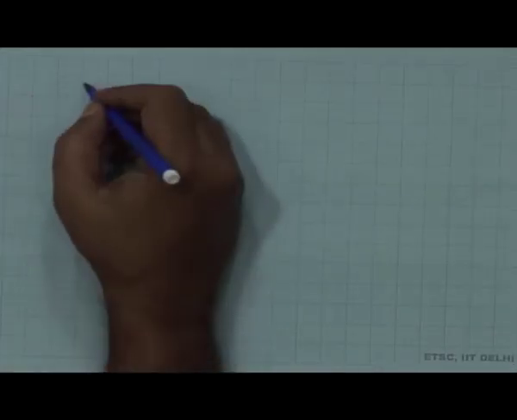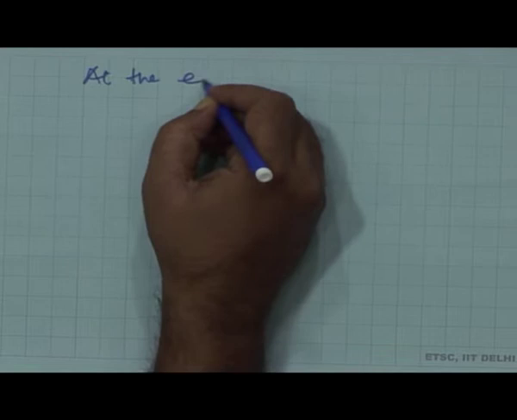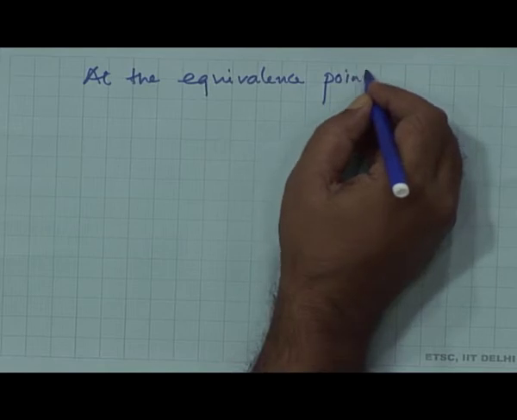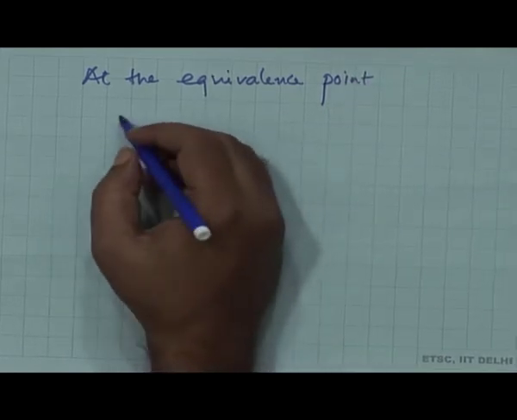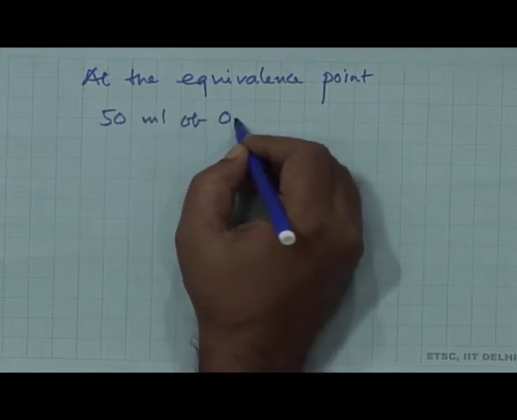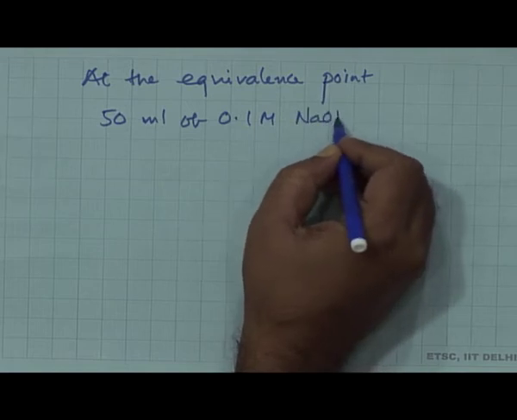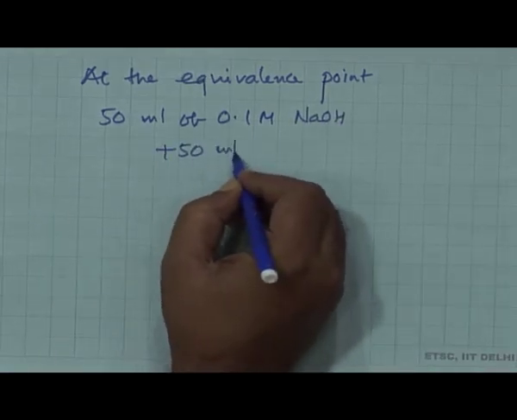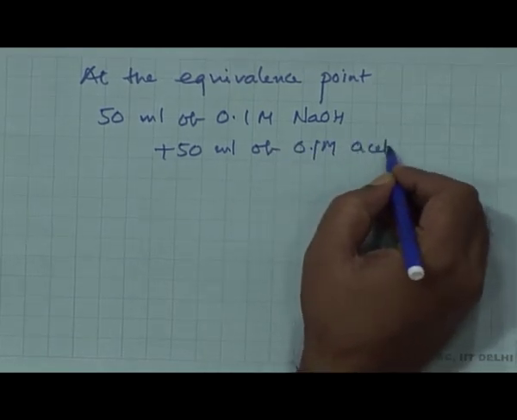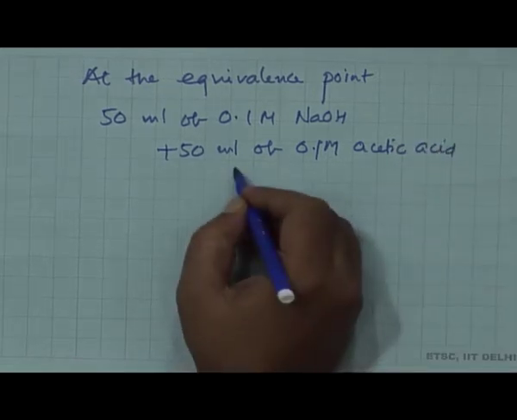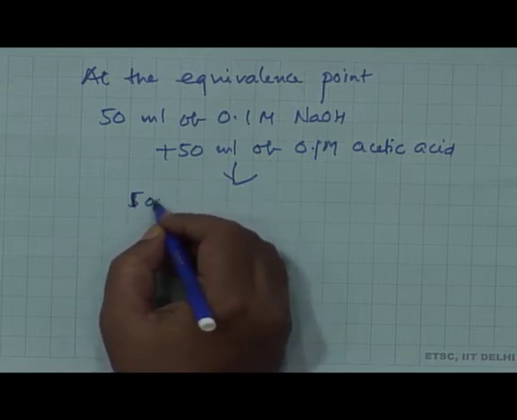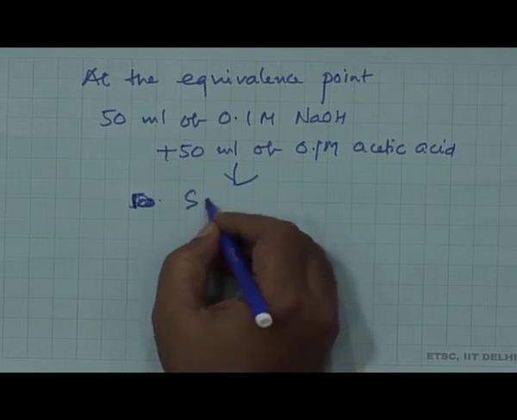At the equivalence point, we have only salt. So, if I add 50 ml of 0.1 molar NaOH to 50 milliliter of 0.1 molar acetic acid, we have only salt left.